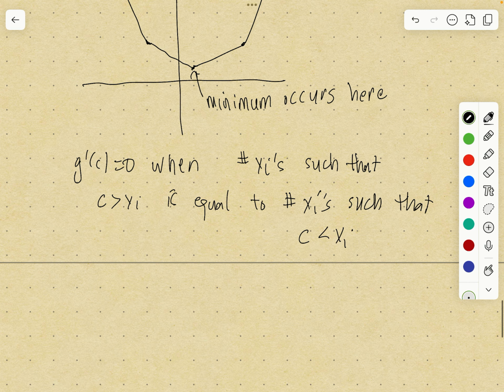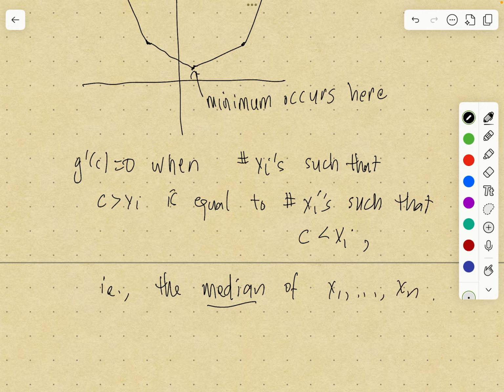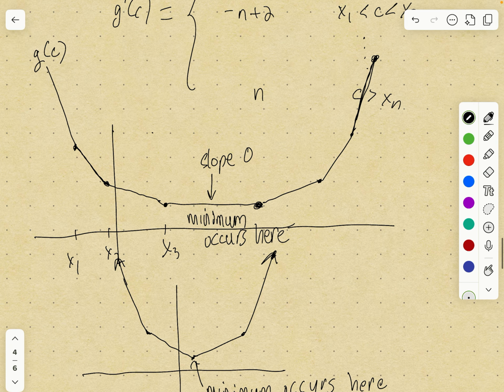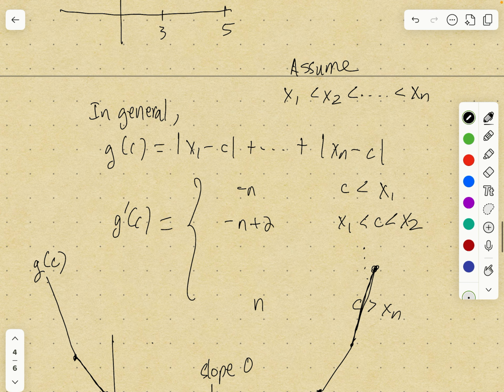Well, what is that equal to? It's the median of x1 through xn. So what the median does is it minimizes this sum of the absolute values of the differences.